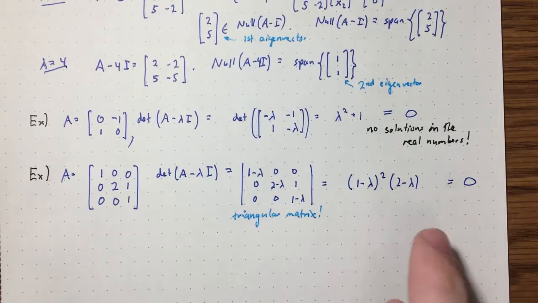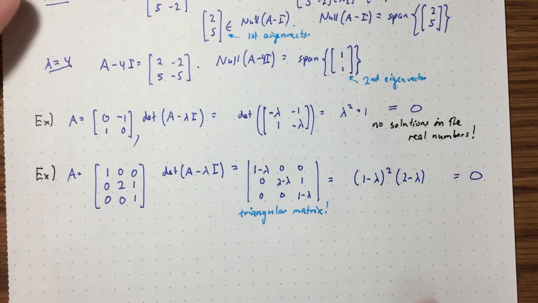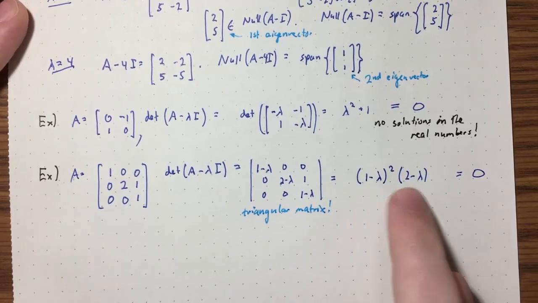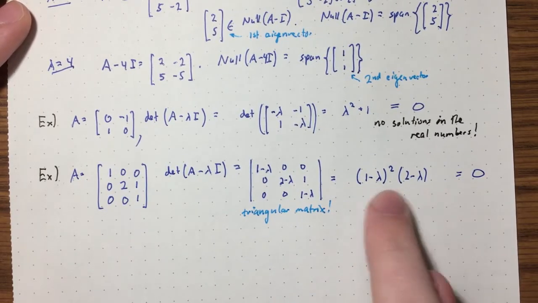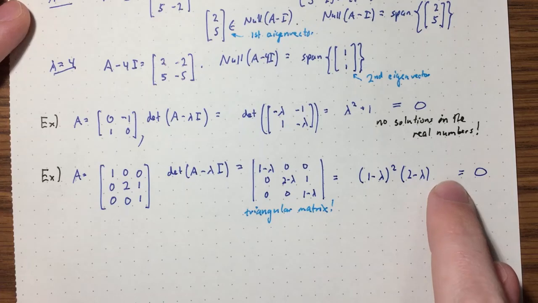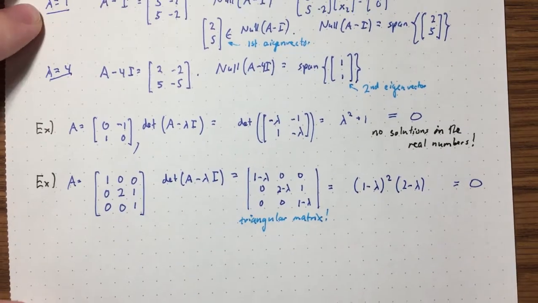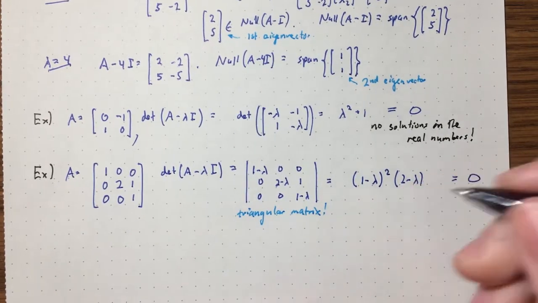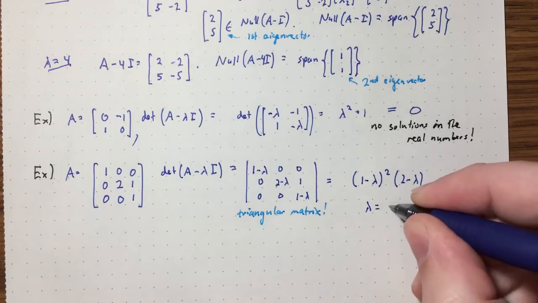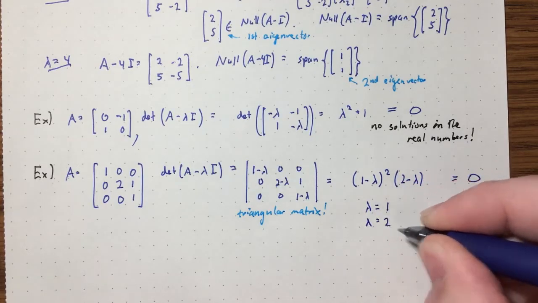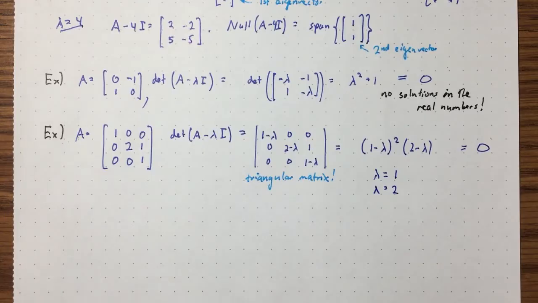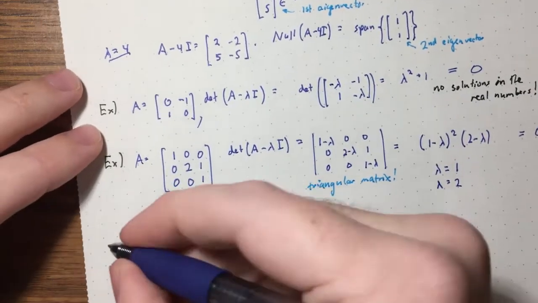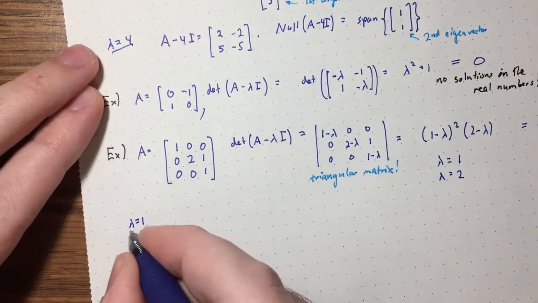What are the values of lambda that satisfy this equation? Well, definitely don't expand this out, right? This is already perfect. It's already factored. We're not even subtracting something here. So we see the values of lambda that are going to satisfy this. It's 1 and it's 2. So those are our eigenvalues.